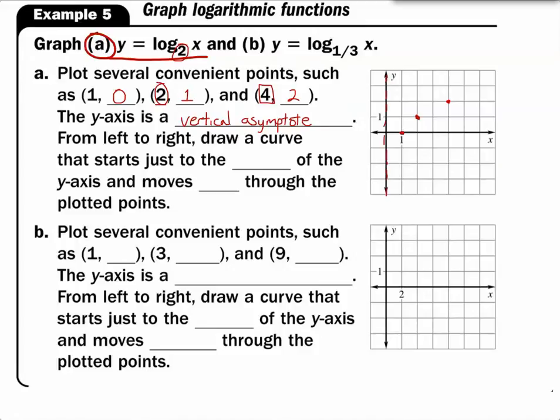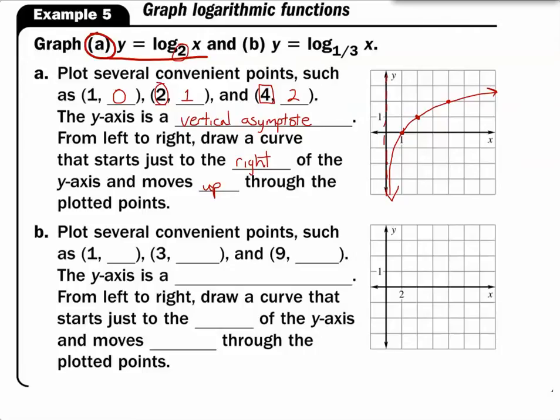We have a curve that starts just to the right of the y-axis and moves up through the plotted points. Arrows on the end, please, always arrows on the end.